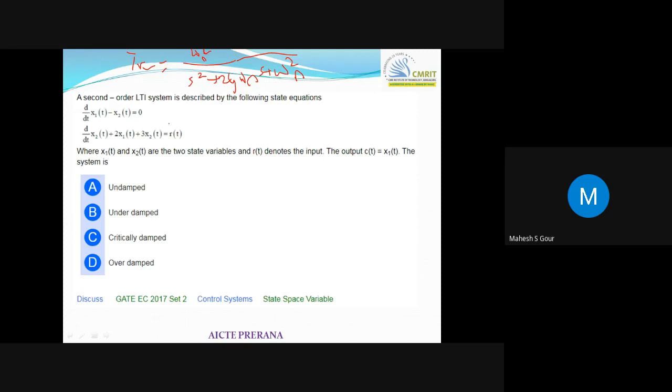I'm thorough in this, right? So what is your transfer function? It is C of s divided by R of s in this problem, right? C of s is the output, and R of s is your input. It is given here, right? So what is your C of t? C of t is given as your x1 of t. So I can write in Laplace form C of s as x1 of s. Any doubts? C of s is equal to x1 of s.